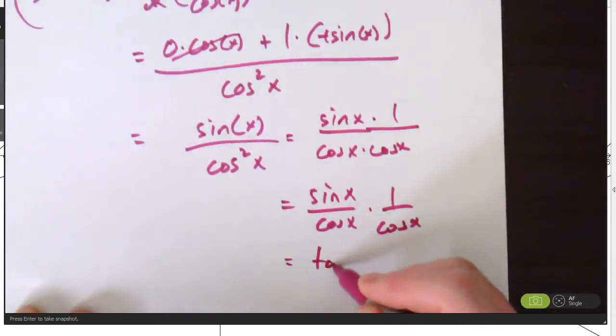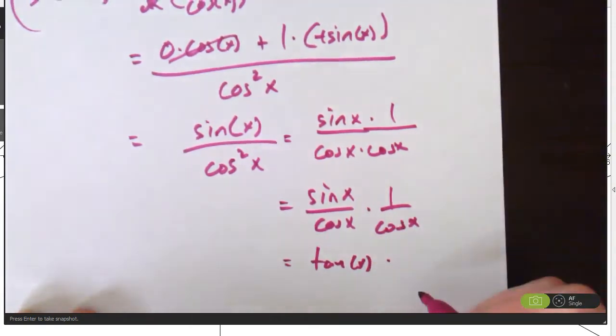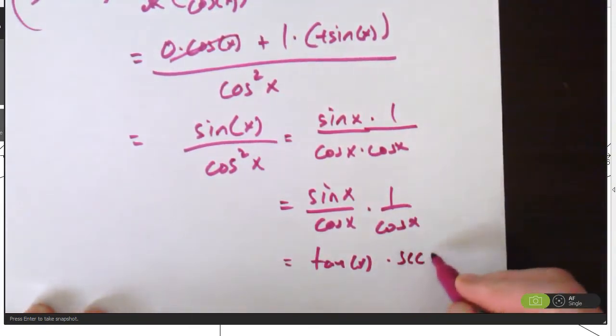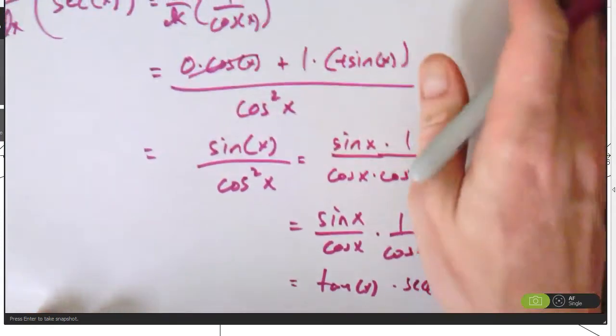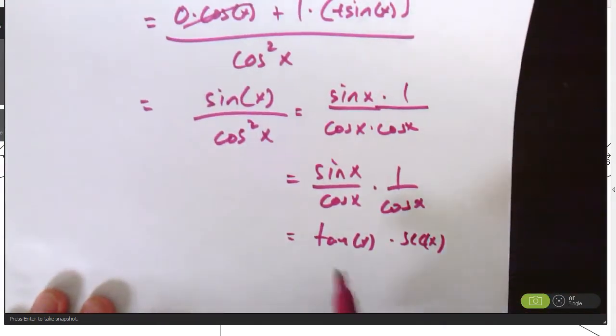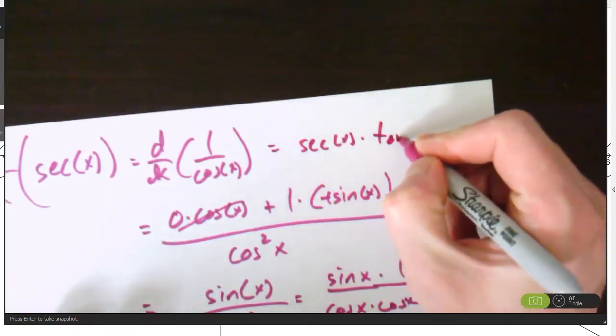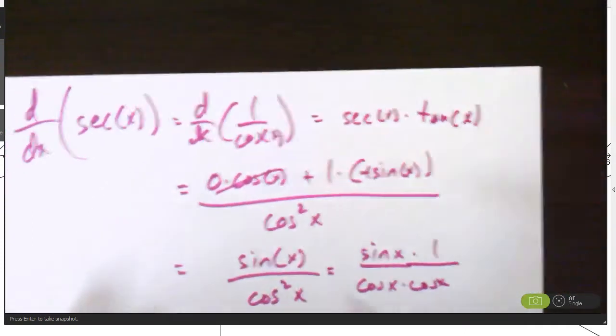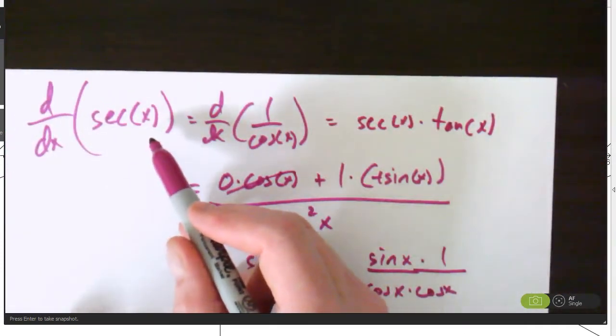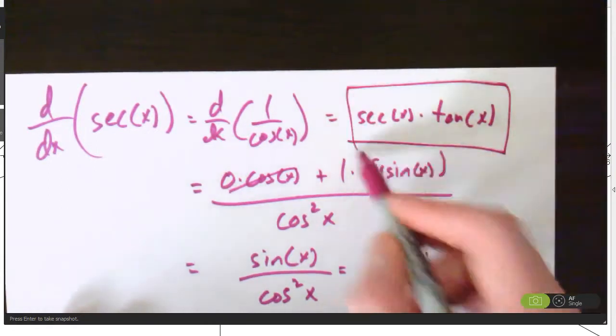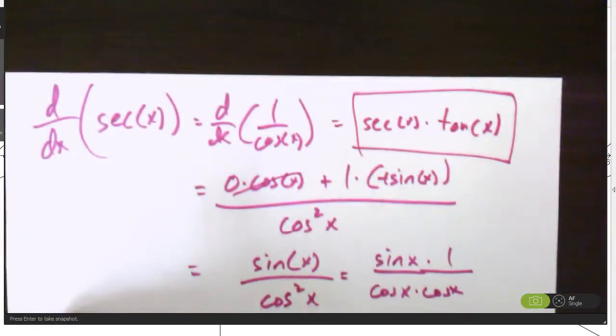That's tangent x. And what's 1 over cosine x? That's secant x. For some reason, we don't write it as tangent x times secant x. We write it as secant x times tangent x. Maybe it's because it's alphabetical, or maybe because you've already used secant. So there's the derivative of secant x.